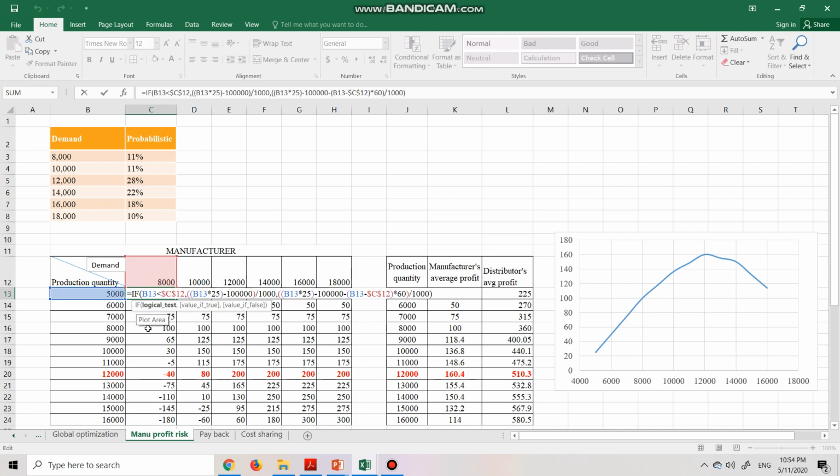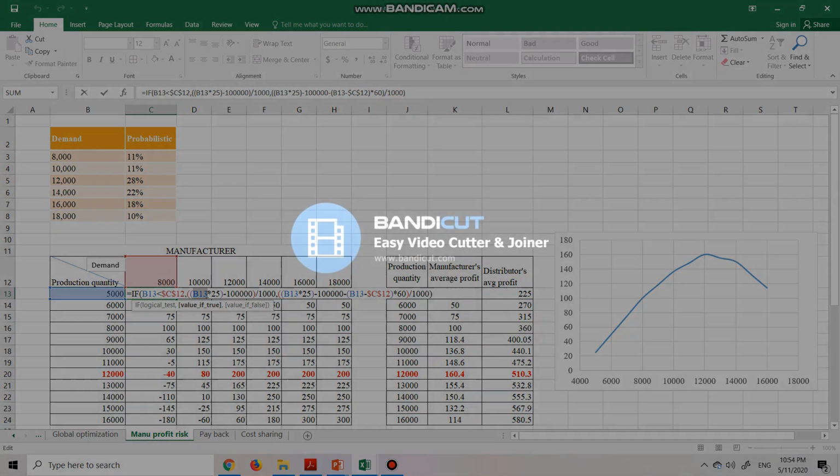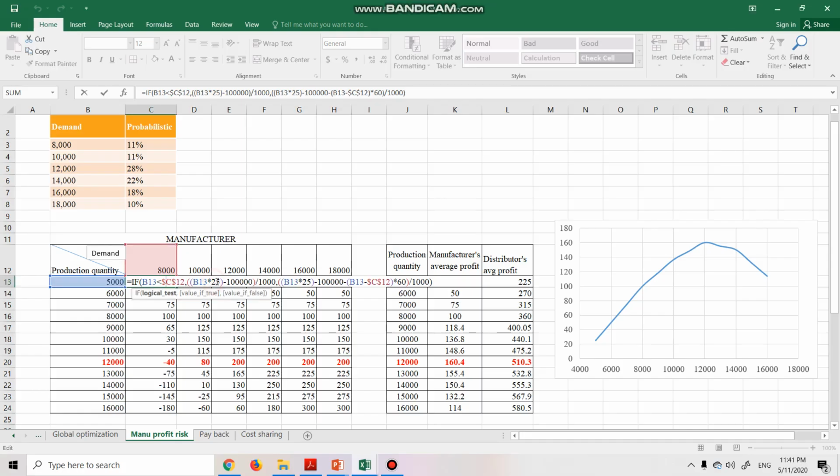So if the production quantity is less than the demand, the profit the manufacturer can get is the total production multiplied by 25, that is the marginal profit of the manufacturer, minus the fixed cost, and divide by 1000.